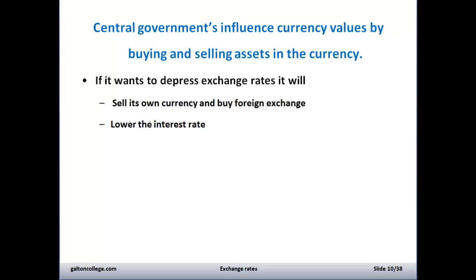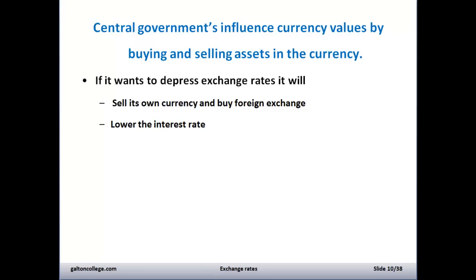So if it wanted to depress the exchange rate, it would sell its own currency on the foreign exchange market. It would sell its own currency and buy foreign exchange, which means it's building up reserves of foreign currencies and selling its own. But of course that would drive down its own exchange rate, and governments sometimes deliberately press down their exchange rate to encourage exports.